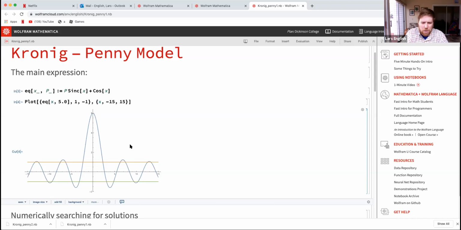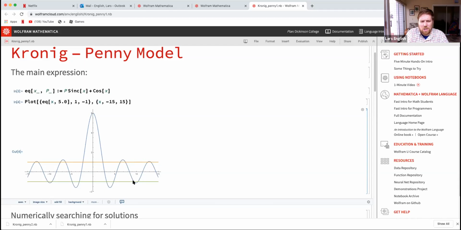It's just not going to happen. So we're not going to find any solutions there. In fact, we're going to see solutions only starting here, between here and here. That gives us one branch of solutions, and then no solutions here. Then we find some more solutions here, no solutions here, some solutions here, and so on.